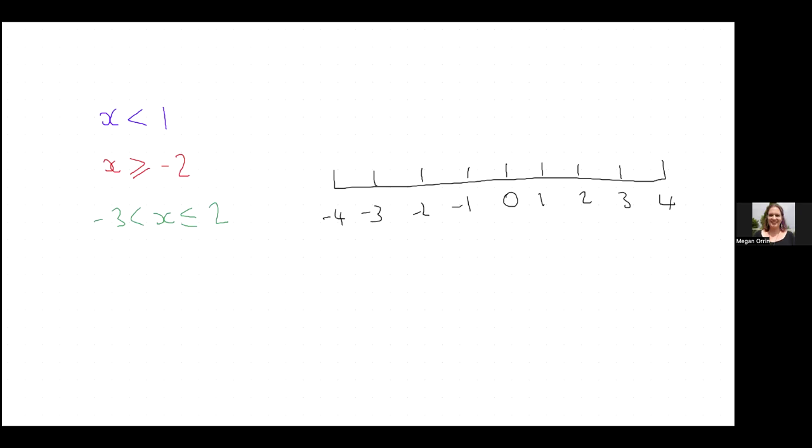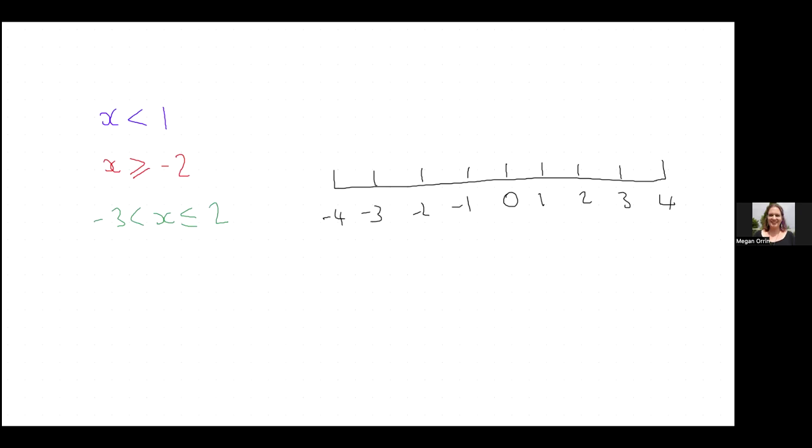So this says x is less than 1, right? This is the little end. We're reading in this direction. So x is less than 1. This one is x is greater than or equal to -2, right? So we've got this line underneath, that means or equal to. And then here we've got x is actually greater than -3, but less than or equal to +2.